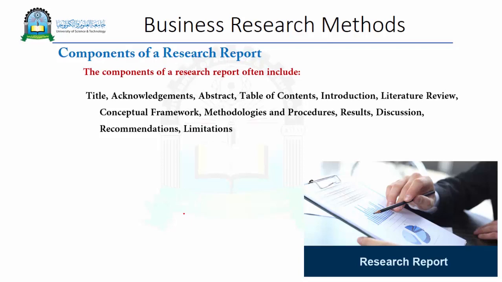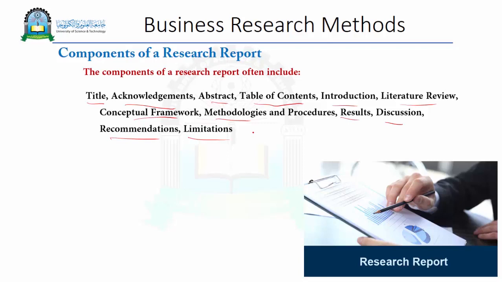So the main components are, starting of course with the title, then acknowledgements, abstract, table of contents, introduction, literature review, conceptual framework, methodologies and procedures, results, discussion and recommendations, and at the end the limitations. Of course, the references must also be there at the end. So any research report should include these components.